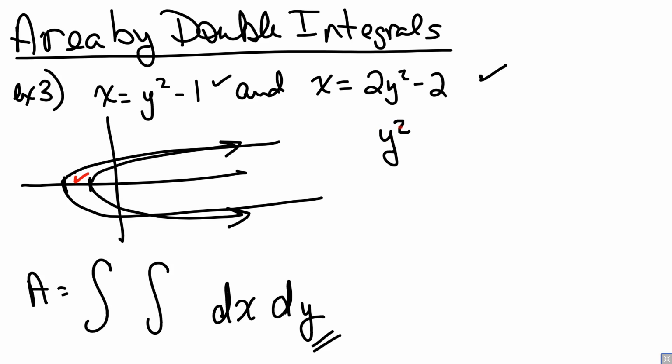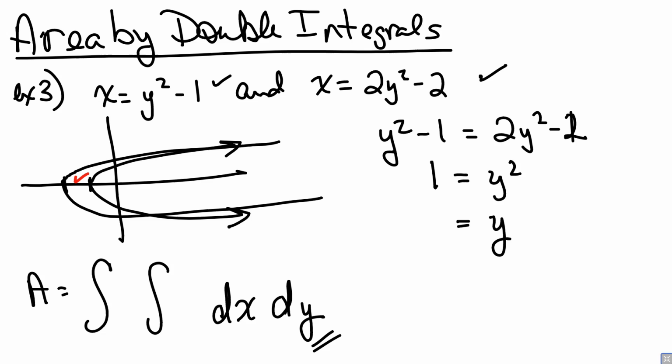So we're going to have that y squared minus 1 equals 2y squared minus 2. So I'm going to subtract y squared, add 2. So I'm going to get 1 is equal to y squared. So that makes y plus or minus 1. So that's our limit, our values for y. So we're going to go from -1 to 1.